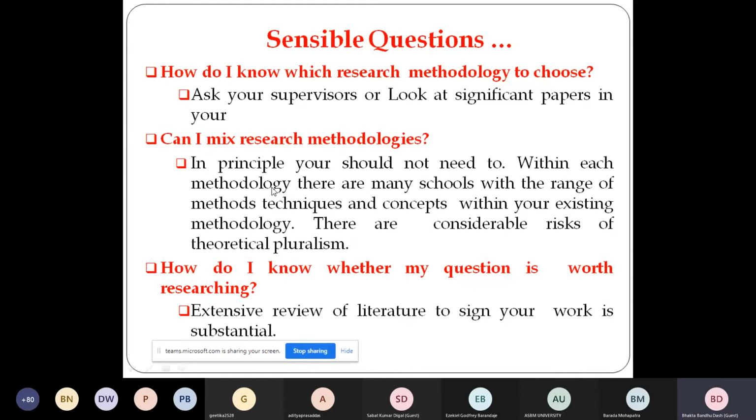So actually the same thing you will take up in your research design. Whenever you talk about your research design: what type of method will you use in collecting the information? What type of method will you use in analyzing the information? What type of method will you use in reporting?